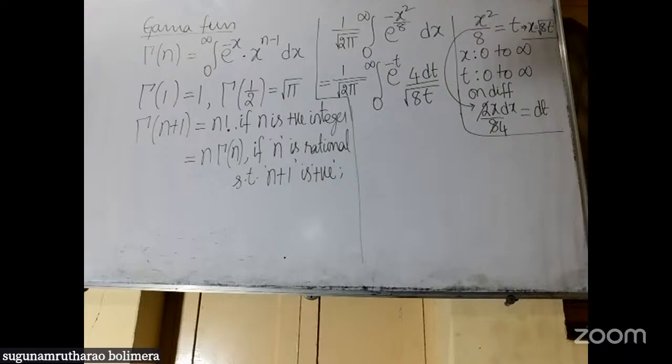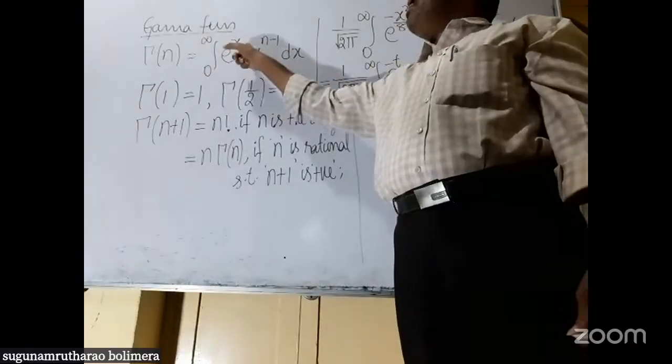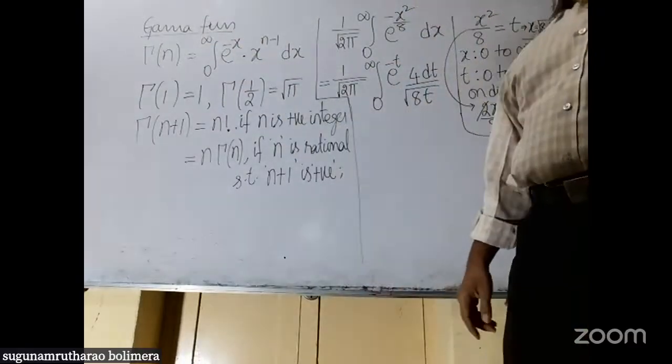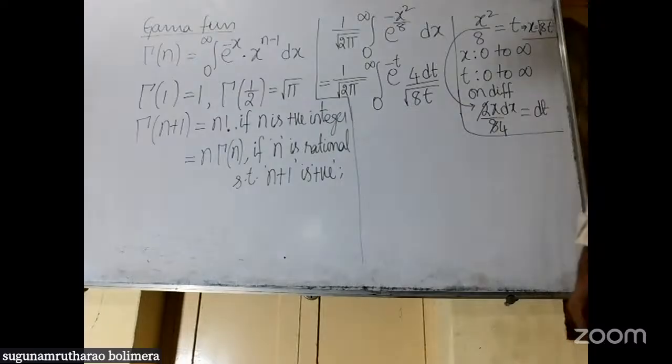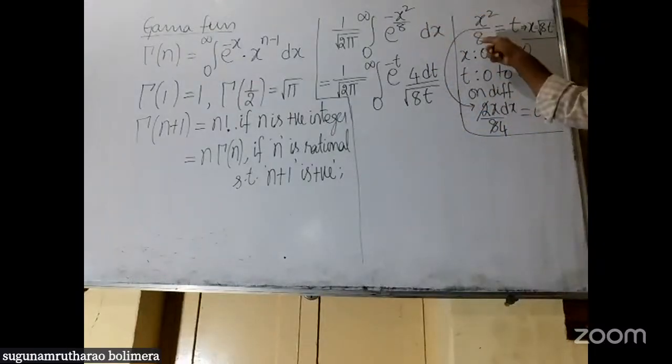I repeat this once again. Here I am taking the substitution x square by 8 as t, because we have e power minus x square by 8. So the entire e power something, I am taking as t.